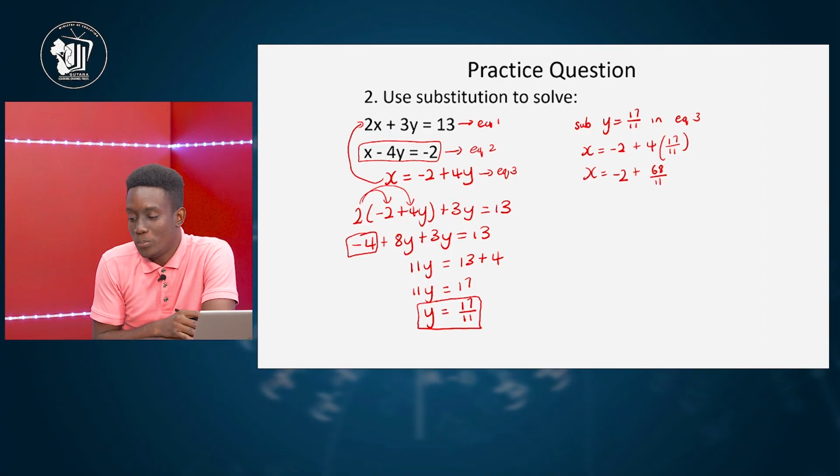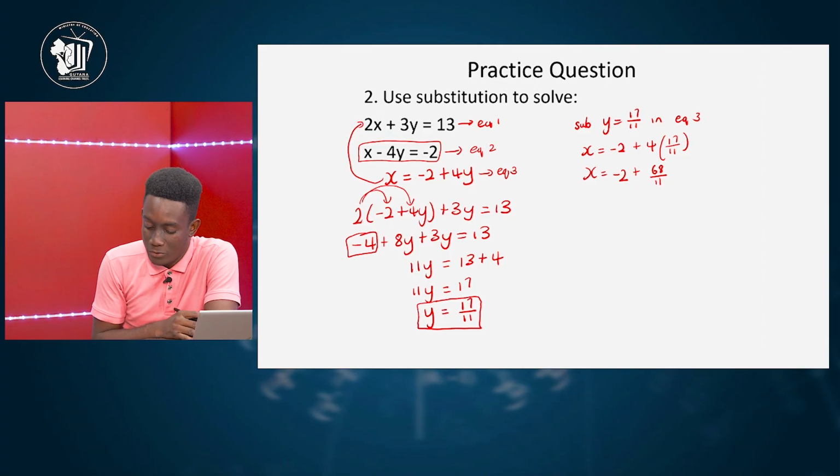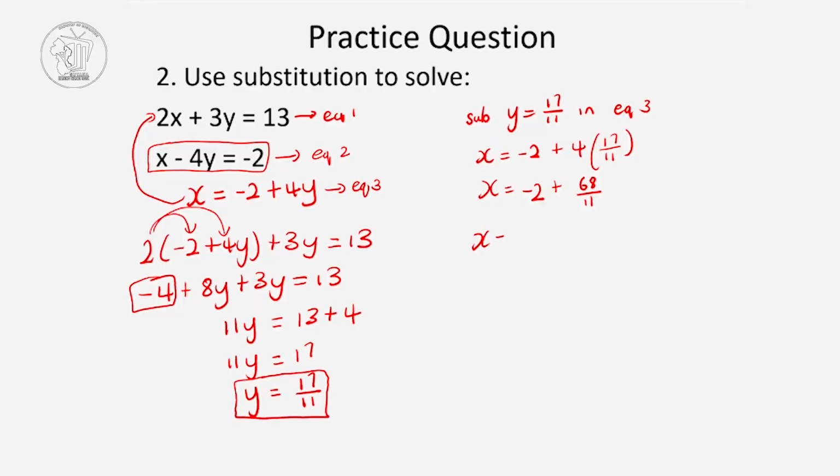So negative 2 plus 68 over 11 would give us x is equal to 46 over 11. So we have our value for x and we have our value for y. So we can say therefore x is equal to 46 over 11 and y is equal to 17 over 11.